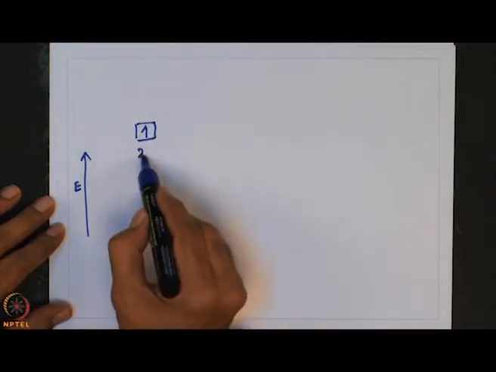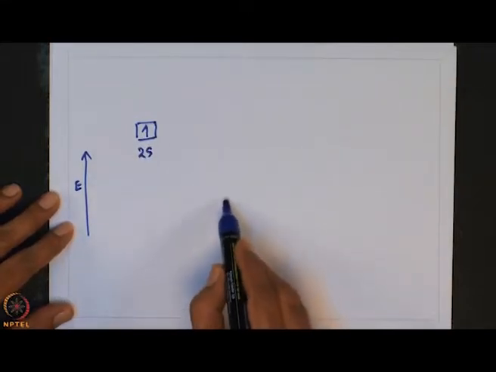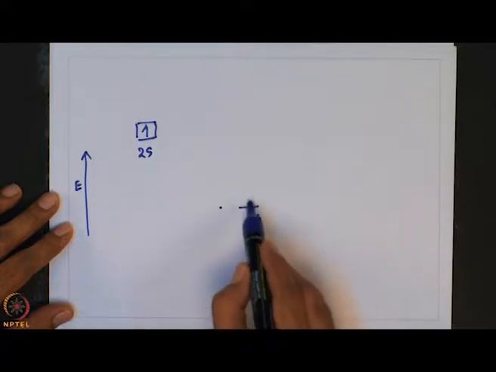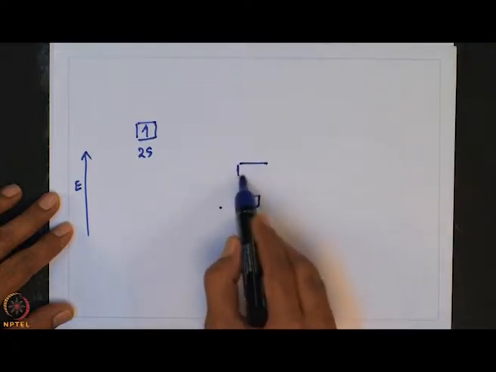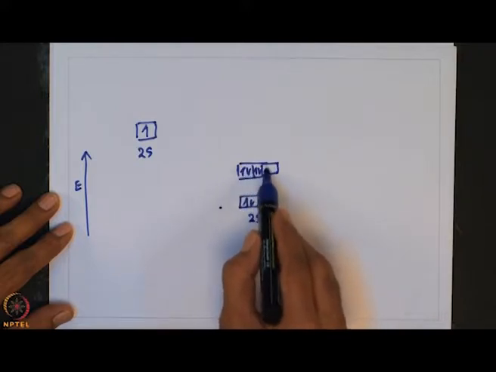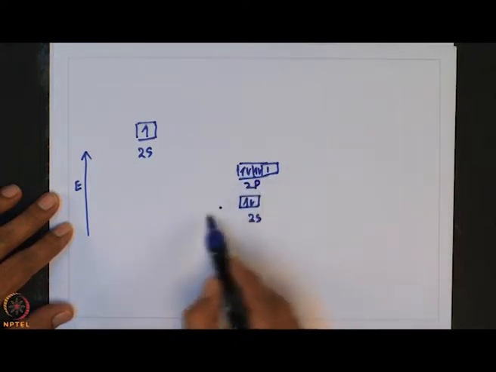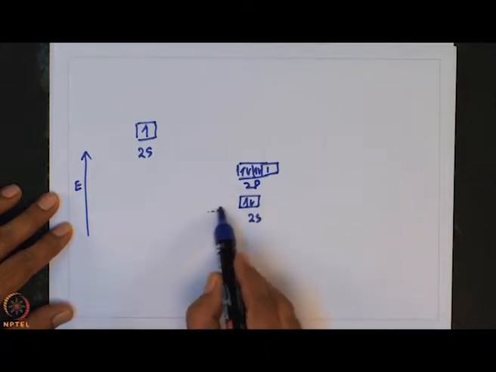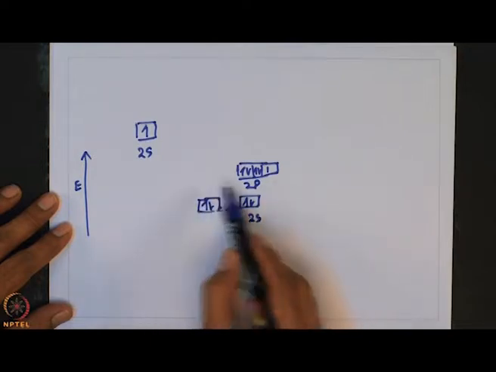So, this is 2s, and here it is 2s and then 2p. And now, since we do not have the corresponding orbital here, this also remains non-bonding.